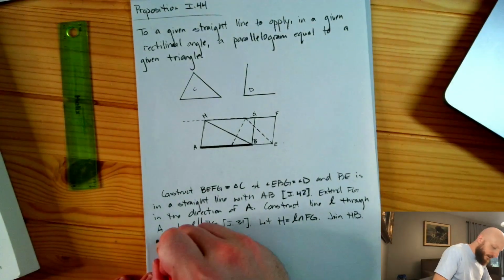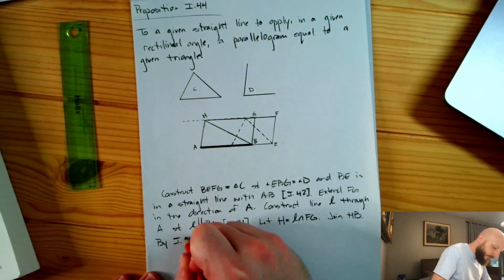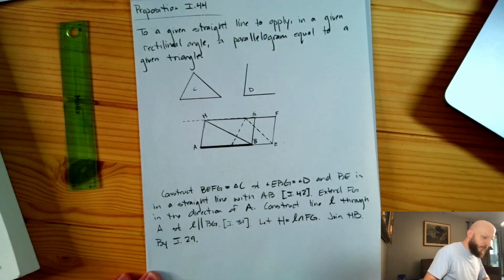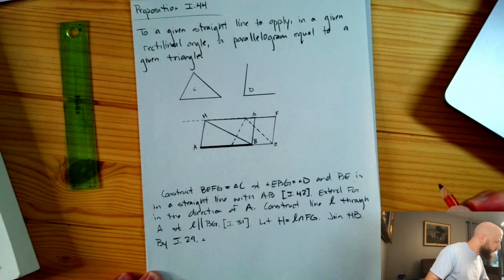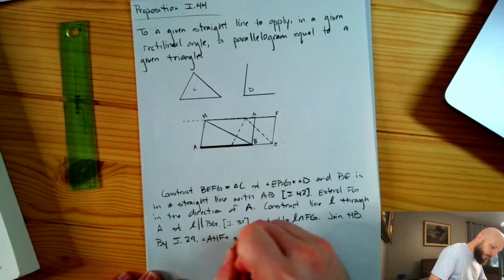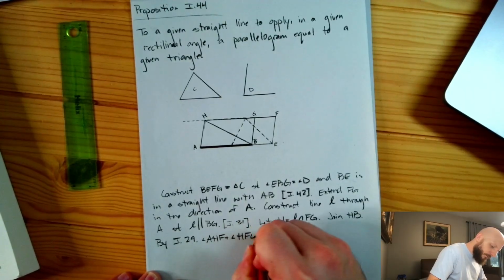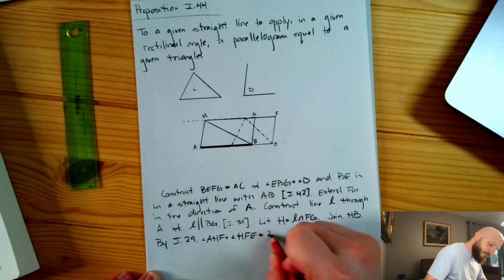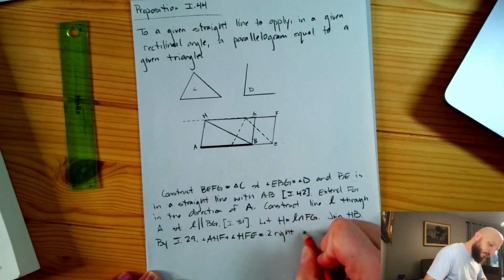So I'll just say by prop 29, we have angle AHF plus angle HFE equals two right angles.